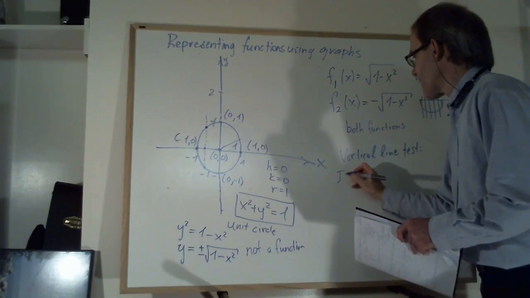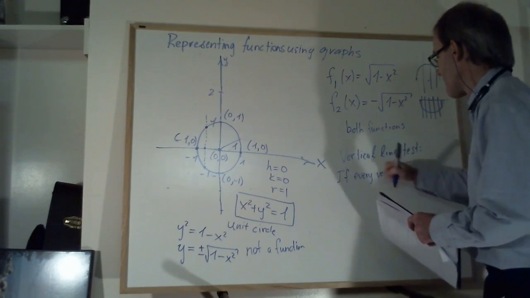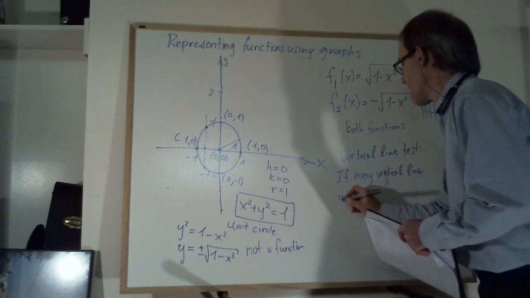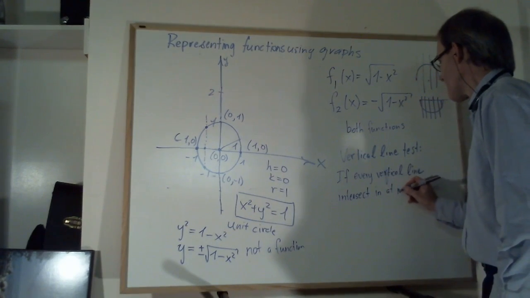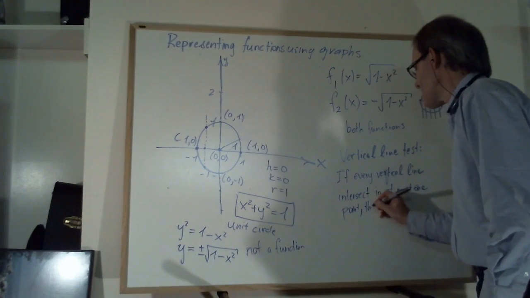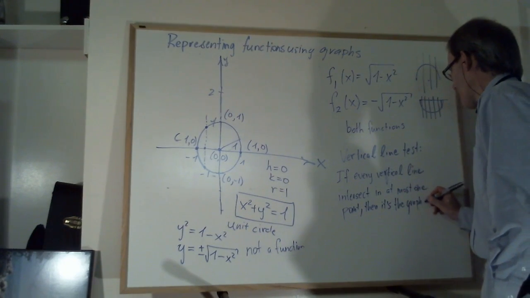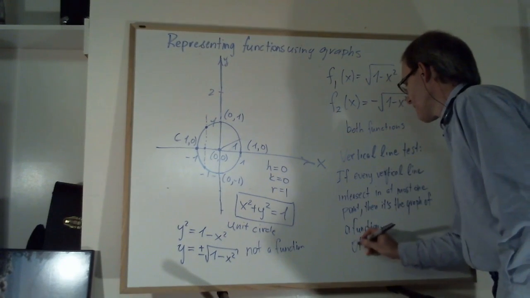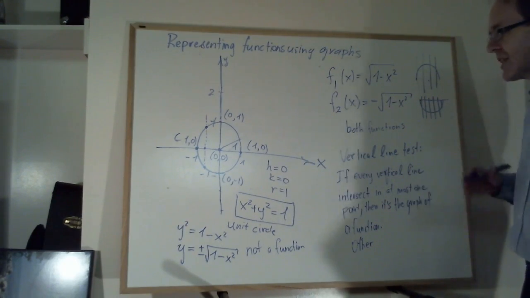Okay, so if every vertical line intersects the graph in at most one point, then it's the graph of a function. Otherwise, if there's even one line in the whole graph which intersects in two, then it's not a function.